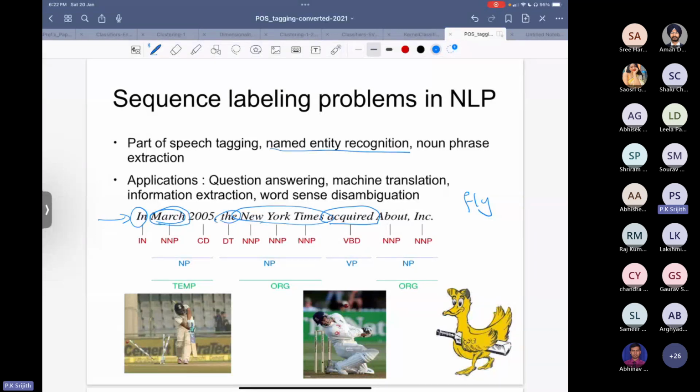Again, it will be helpful for question answering, information extraction, etc. Generally, all these different proper nouns can also be classified into different types. A proper noun can represent something of temporal nature, the name of a person, the name of an organization, etc. So you need to also identify the different types of entities in the sentence.